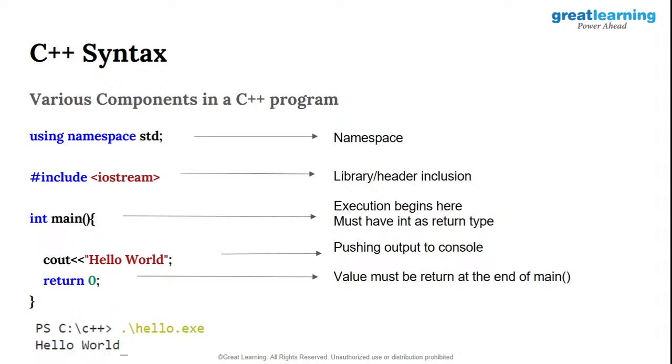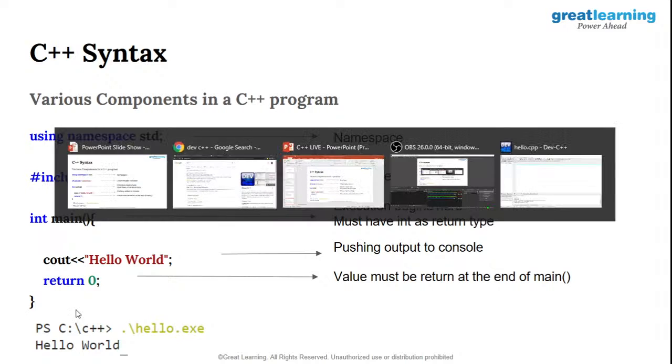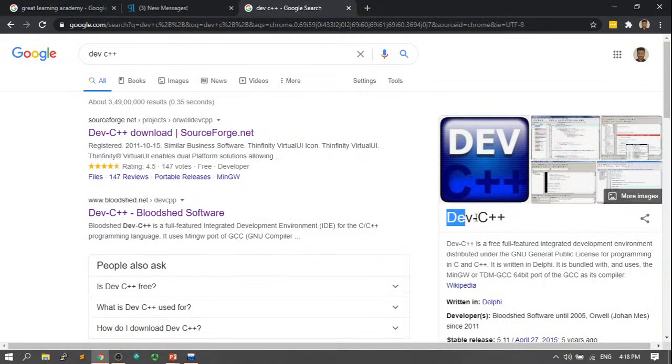Now, if you have an integrated development environment already, if you're using IntelliJ or if you're using Visual Studio Code, then you can set up your C++ environment over there. It's a little bit difficult. It takes a little bit of time also to set up your C++ environment. So as a beginner or as someone who's just practicing, here's what I would recommend. Now this is an amazing integrated development environment, that is Dev C++.